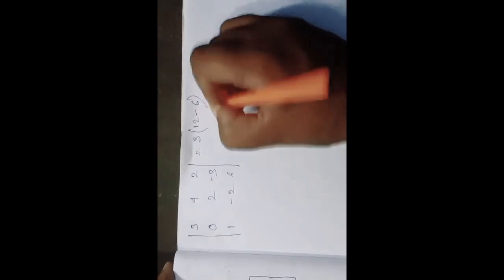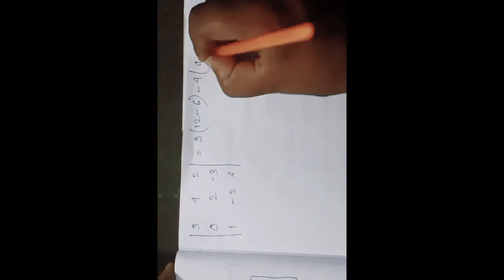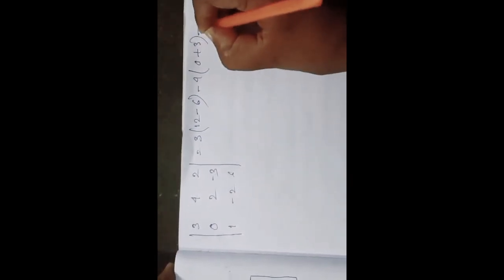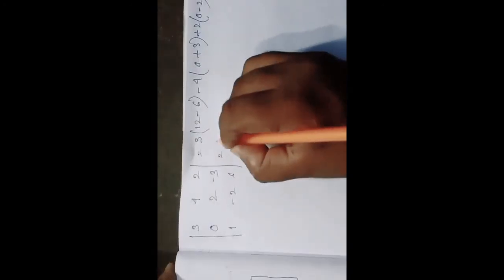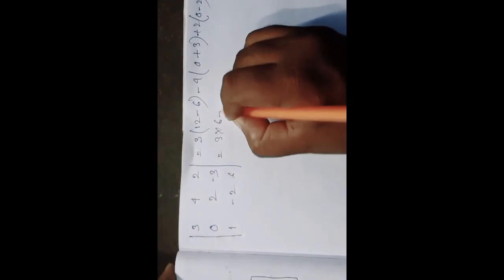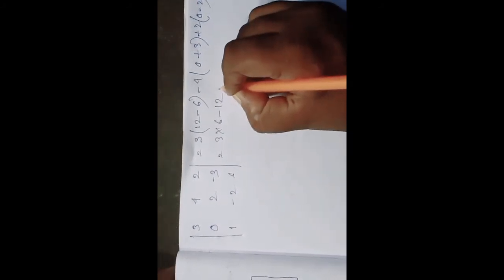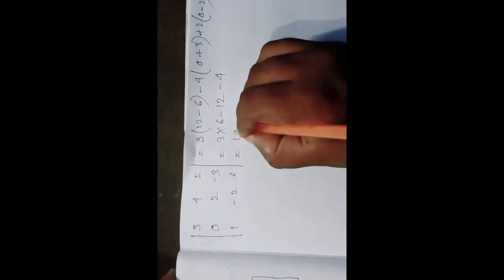So this is 3 into 12 minus 6, minus 4 into 0 plus 3, plus 2 into 0 minus 2. So obviously this is 3 into 6, minus 12, minus 4, 18 minus 16, that is 2.